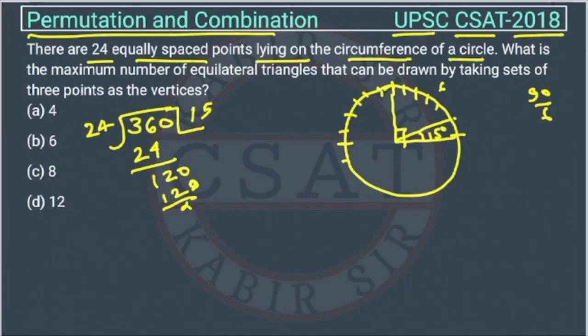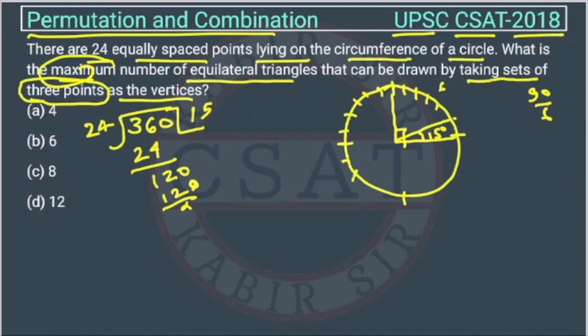So the question is, what is the maximum number of equilateral triangles that can be drawn by taking sets of 3 points as the vertices? So the question is asking that we have to form an equilateral triangle.